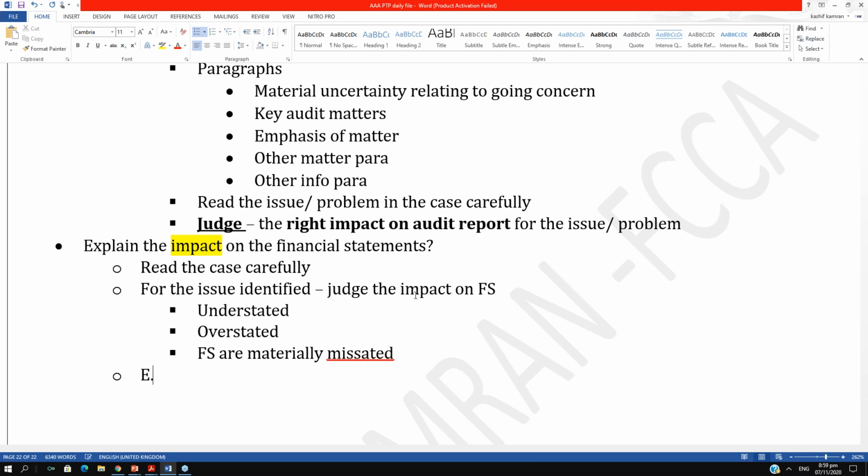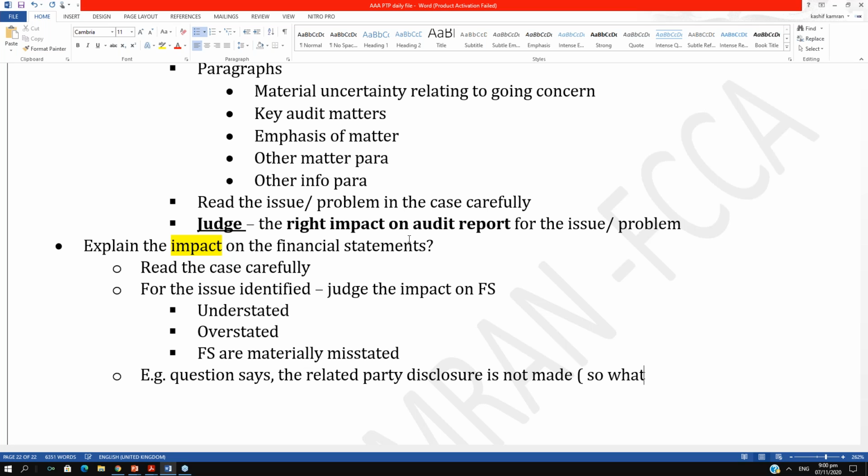Suppose the question says the related party disclosure is not made. Do you need to write the impact on the opinion, or the impact on the financial statement? The question says the related party disclosure is not made.